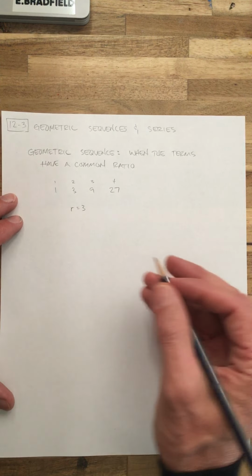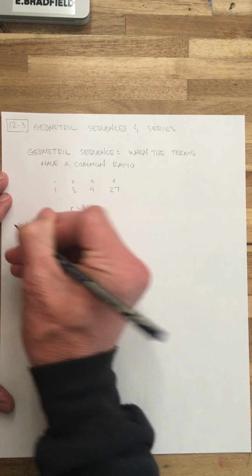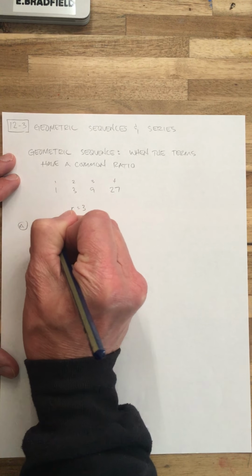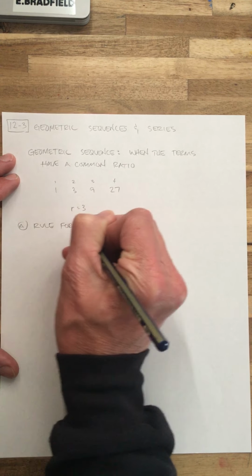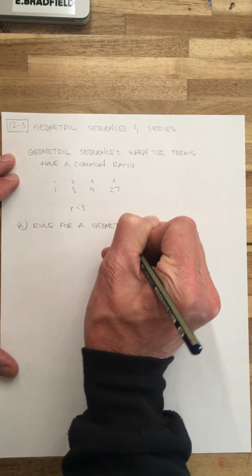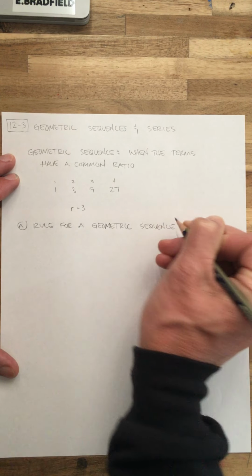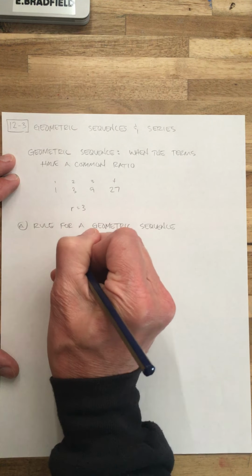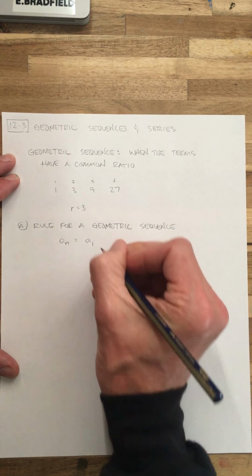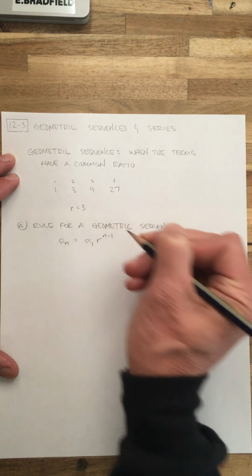All right, so let's talk about the rule. Part A, the rule for a geometric sequence. The nth term is going to equal the first term times the ratio raised to the power of n minus 1.